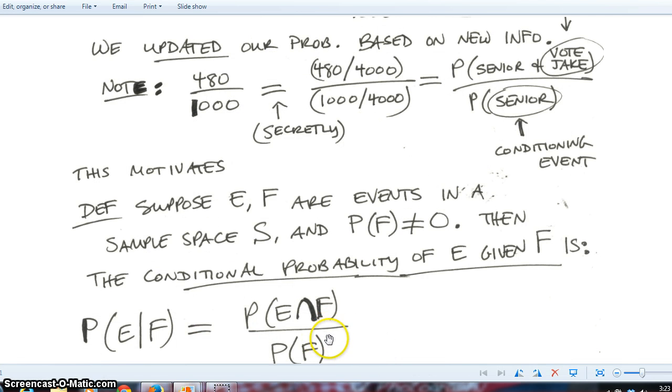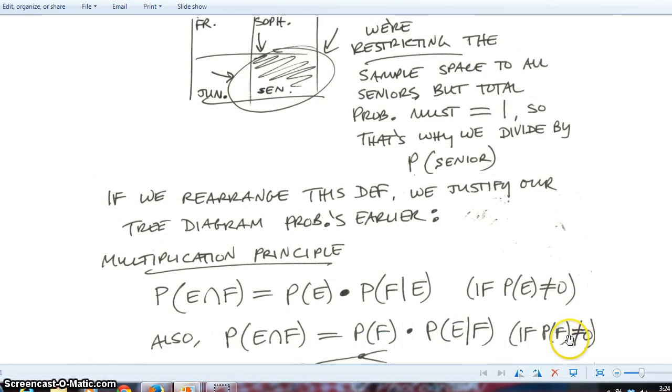In this definition, let's say probability F is not 0, multiply through by probability F, which we can do because it's not 0. What we get then is probability E intersect F is probability F times probability E given F. That's the second one I have down here. If you interchange the role of E and F, you get that if the probability of E is non-zero, then the probability of E intersect F is probability E times probability F given E.